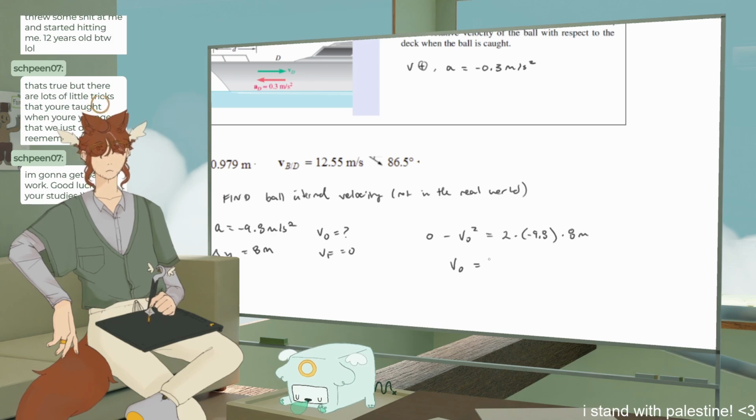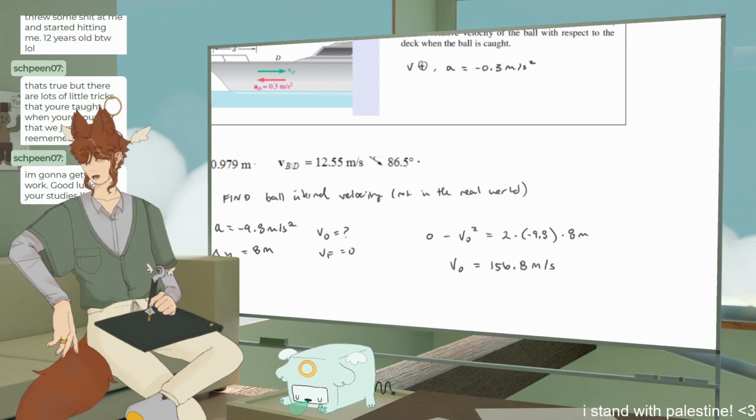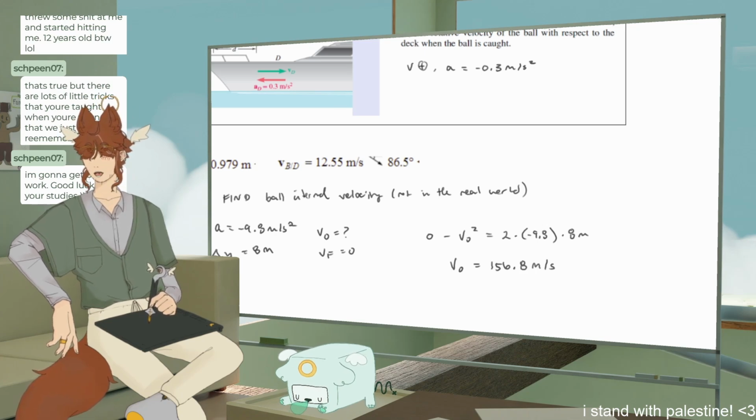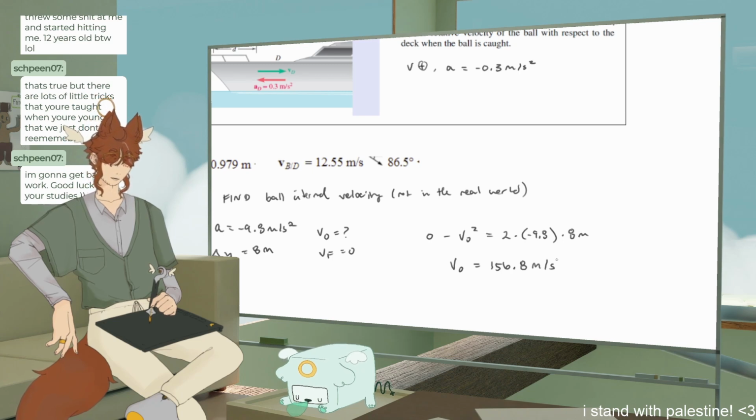156.8. Oh my god. Did he throw it that fast? Wait a second, how fast is that? Converting to miles per hour, that would be 350 miles an hour. This little boy is a superhero. No, square root. 12.5.